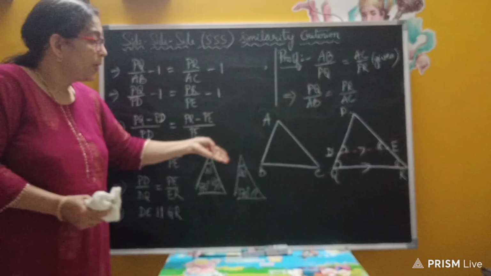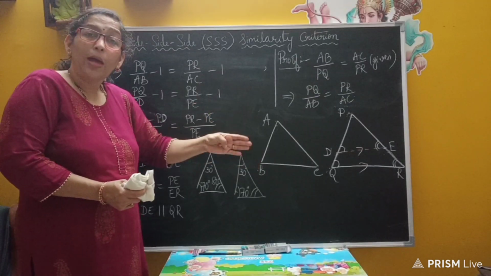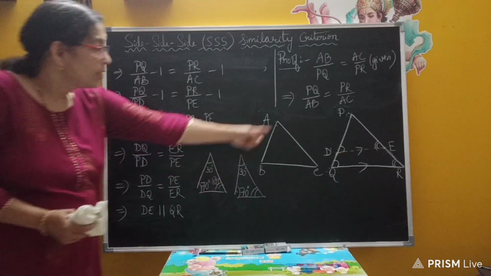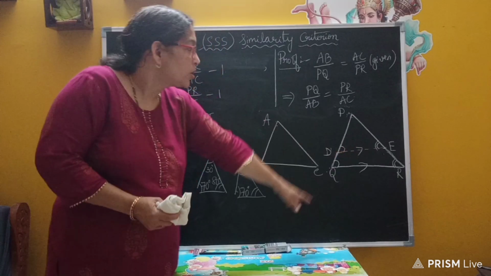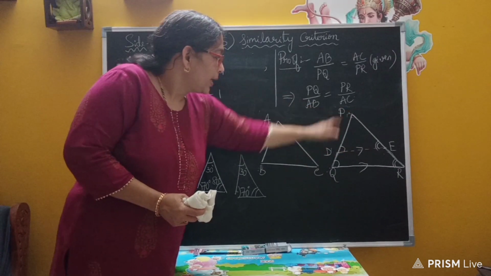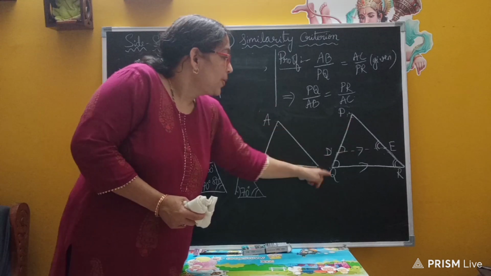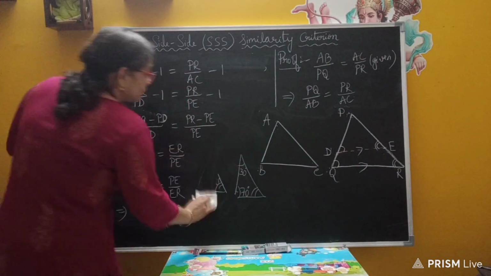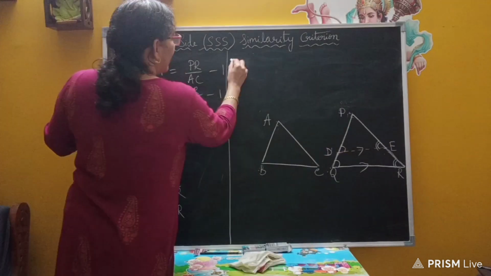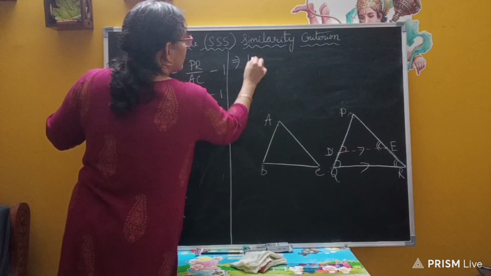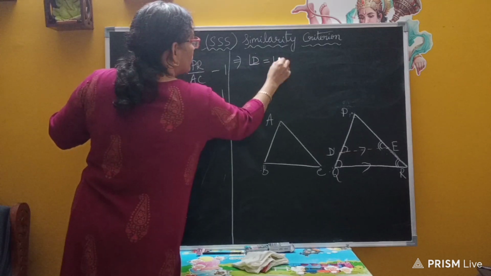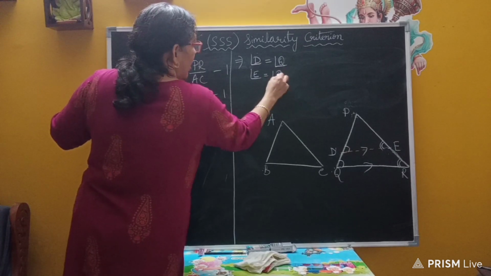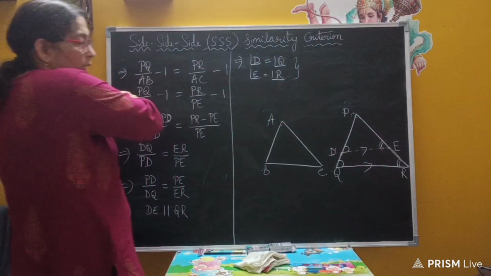Therefore, by the AA criterion we can say triangle PDE and triangle PQR are similar triangles. Angle D is equal to angle Q and angle E is equal to angle R. The reason is corresponding angles.